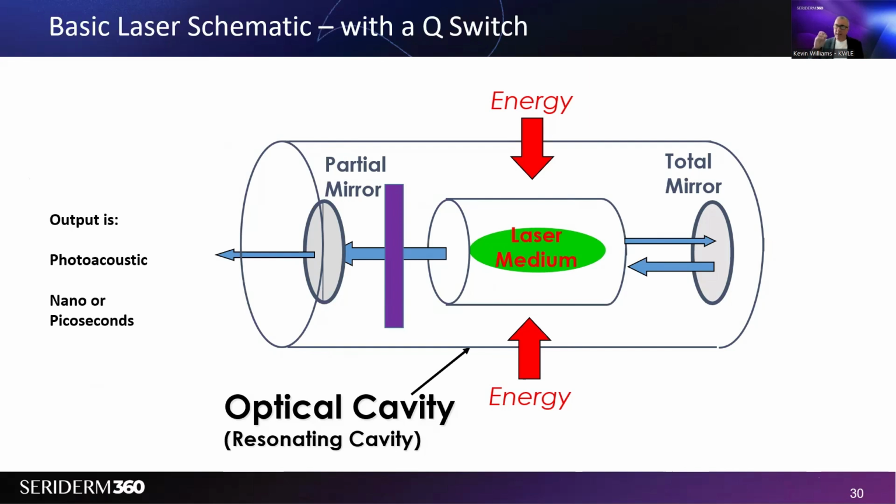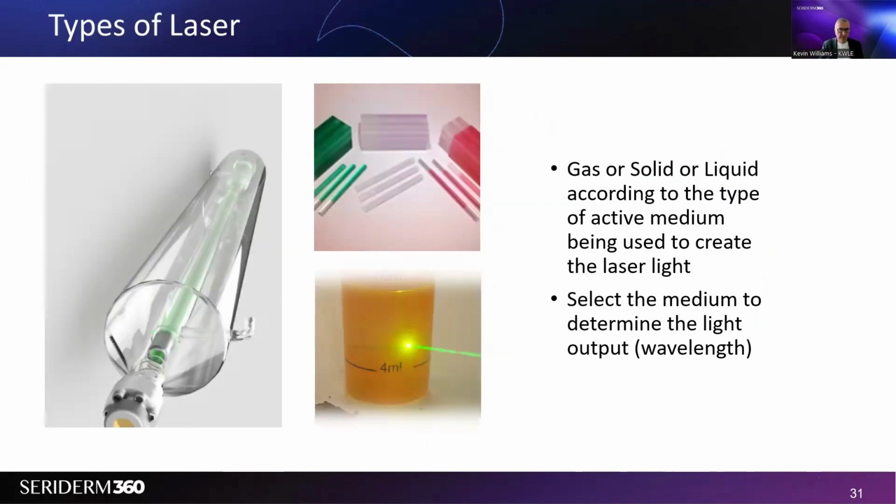As long as it's the right color to be absorbed by the target chromophore, because you still need color absorption taking place, it'll create a shock wave, which will then blow up the pigment. For instance, if it's a tattoo, it'll blow up the tattoo ink into smaller fragments of ink, and the body's lymphatic system then will take that away. So the quality switch changes what would have been a thermal cavity into an acoustic cavity.